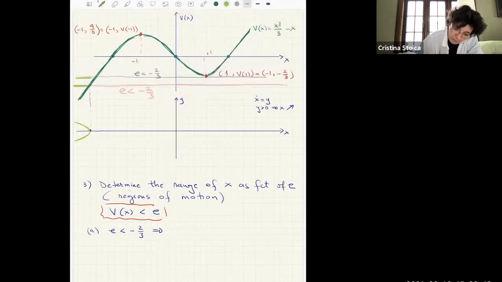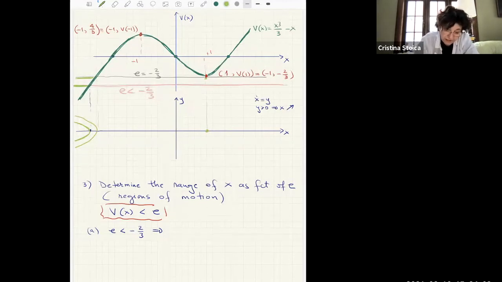Oh, I have a point here that I can pick up as well. So basically here I'll have again this coming and going, but here I'll have a new kid in town, and that's a stationary point, that's an equilibrium.